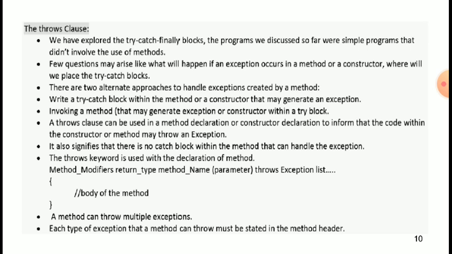The throws keyword is used within the declaration of a method: method modifiers, return type, method name, parameters, throws exception list, starting curly brackets, body of the method, end of the curly brackets. A method can throw multiple exceptions. Each type of exception that a method can throw must be stated in the method header. So that is a throws clause.